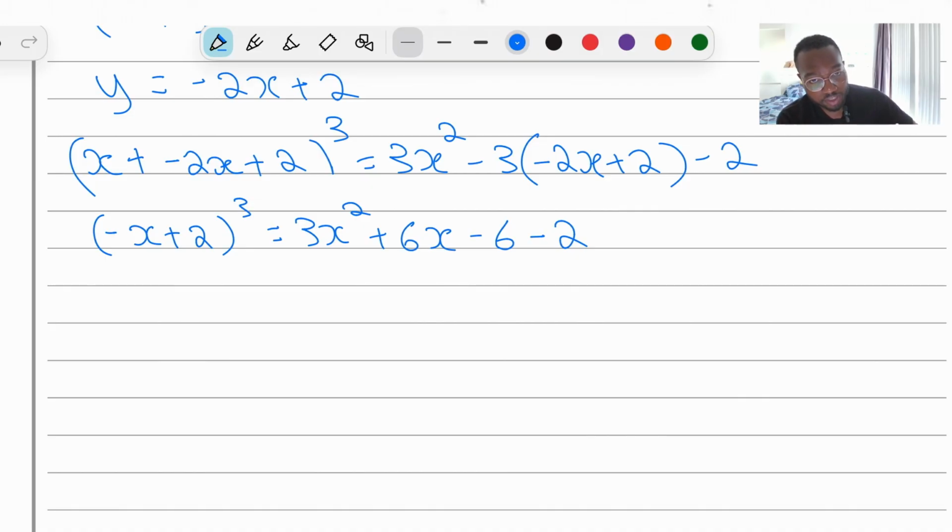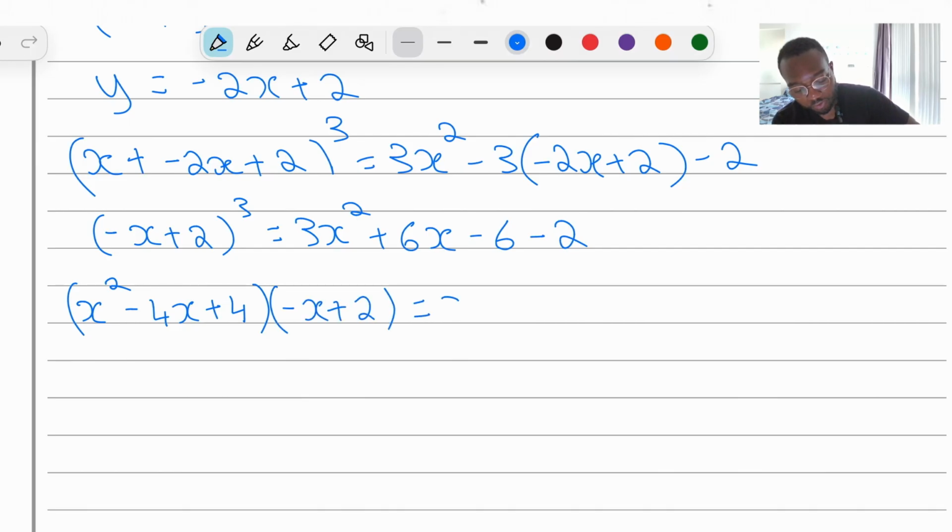So if we do that, we get x squared minus 4x plus 4. And then we're going to times by another minus x plus 2. And if we simplify the right side down, we just get 3x squared plus 6x minus 8.